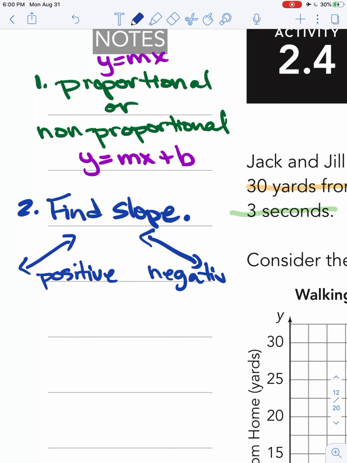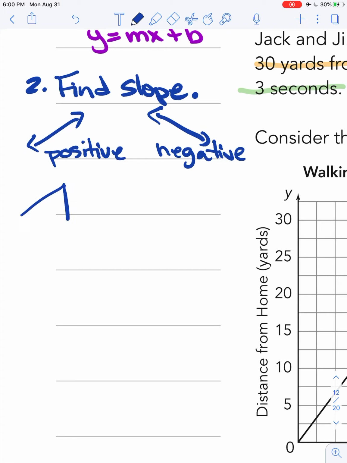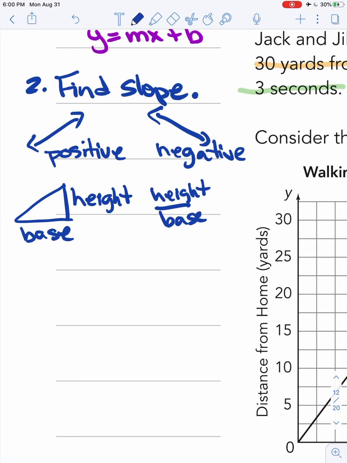Then you have to remember that in order to find slope, it is the height of the triangle over the base of the triangle. So that means it's the change in y over the change in x. Then last but certainly not least, you need to find b.